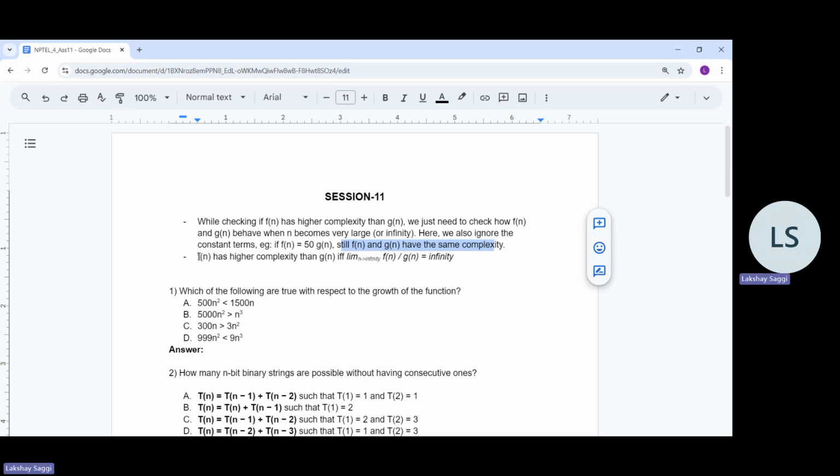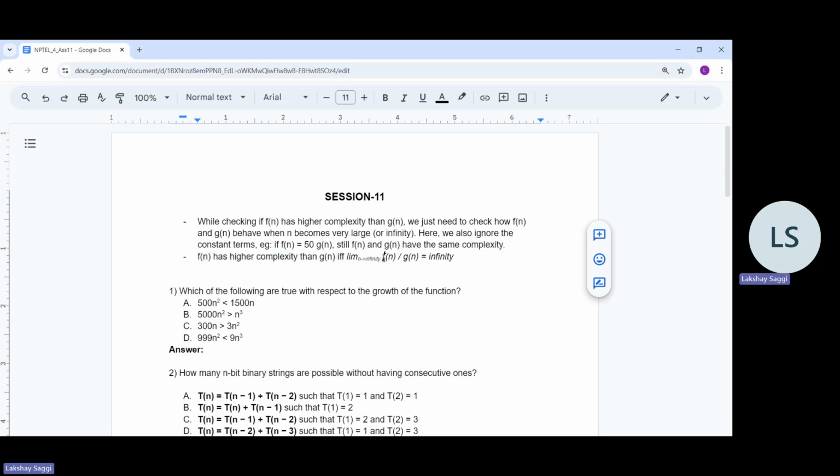And characterizing this in a more mathematical sense, we can say that f of n has a higher complexity than a function g of n if and only if, note that it's an if and only if, so it's a two-sided implication, the limit as n tends to infinity of f of n by g of n is equal to infinity.